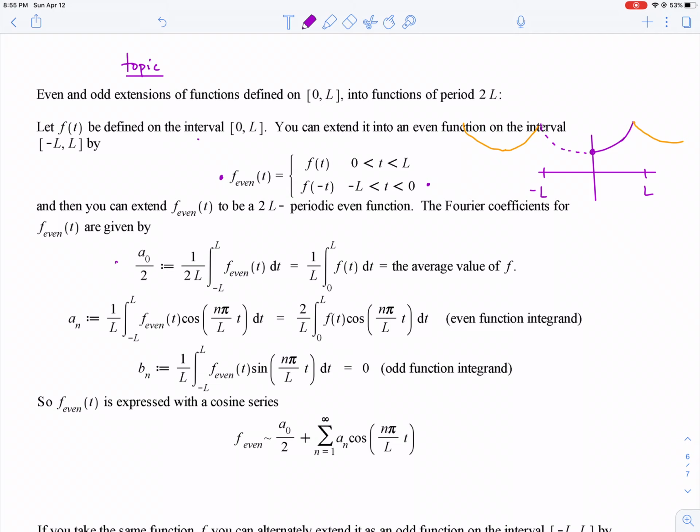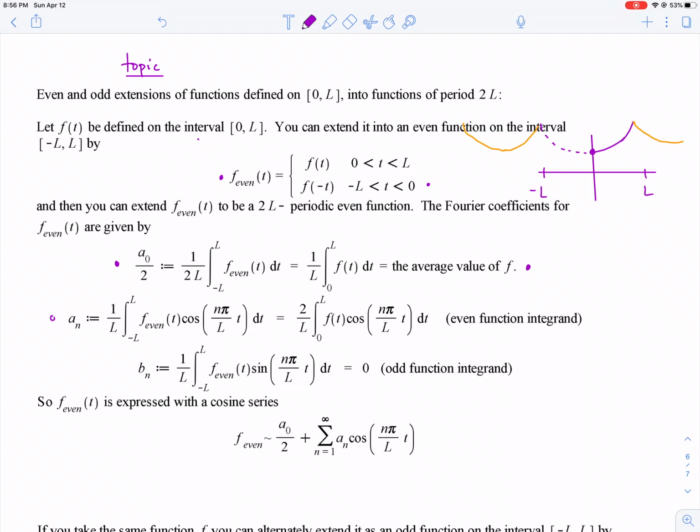Well, a naught over 2 is the average value of this even extension on the entire interval from minus L to L, which is the same as the average value on the interval from 0 to L, and is 1 over L integral from 0 to L of f of t dt.